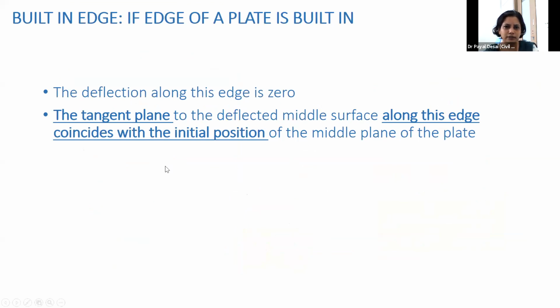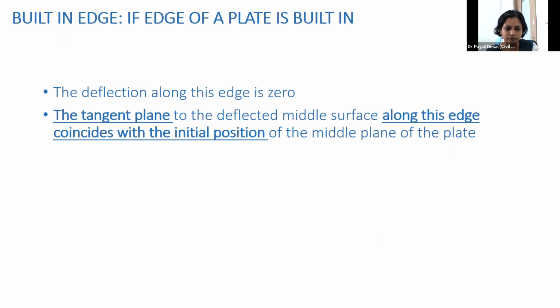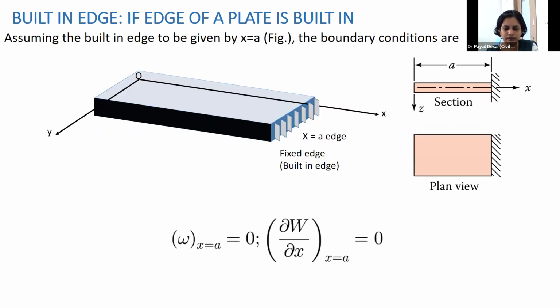When the edge of the plate is fixed, it is easy to understand that we have zero displacement, that is W is zero, and the slope is zero for the fixed edge. If this portion is fixed, the tangent of the plate is meeting the middle surface.